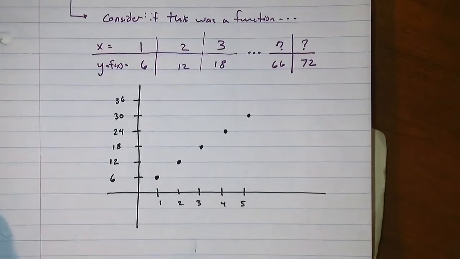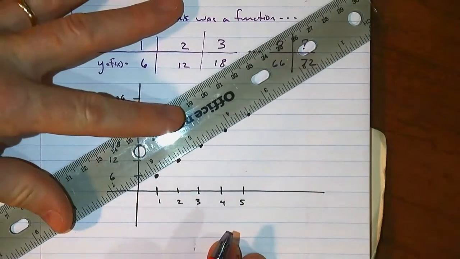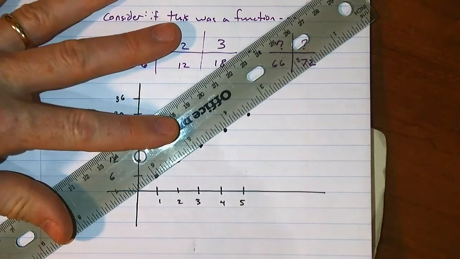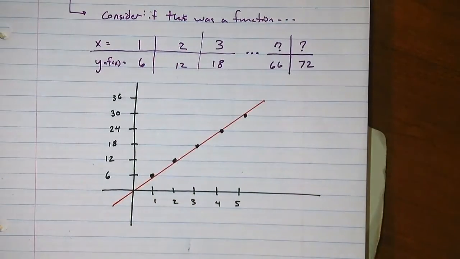Here's what I want you to notice. When I graph an arithmetic sequence, if I pretend that it's a function, and I assign some x values to it, and I draw a graph, the graph that I end up with is a straight line, okay?